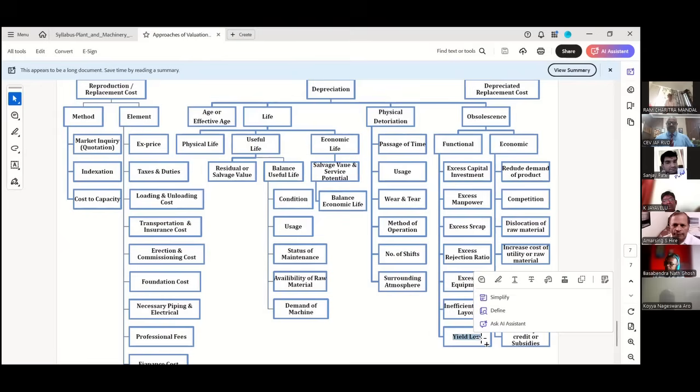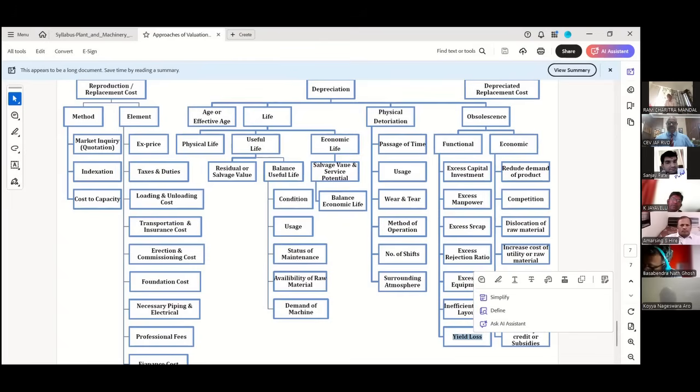So when more efficient machinery is available compared to the old one, then the old asset is suffering from functional obsolescence. What does functional obsolescence due to yield loss mean? It means the number of units produced by the old machine is less compared with the new machine. Anyone, one person speak. Yes, Nageshwar Rao, you speak first.